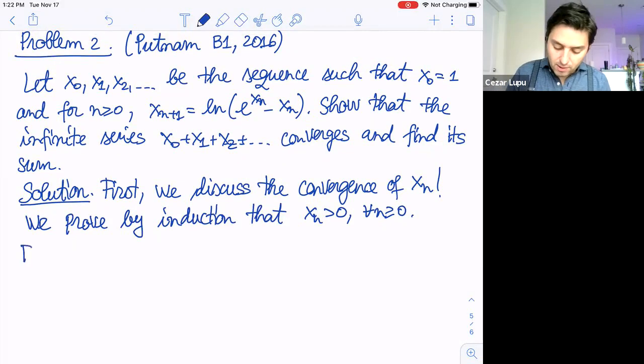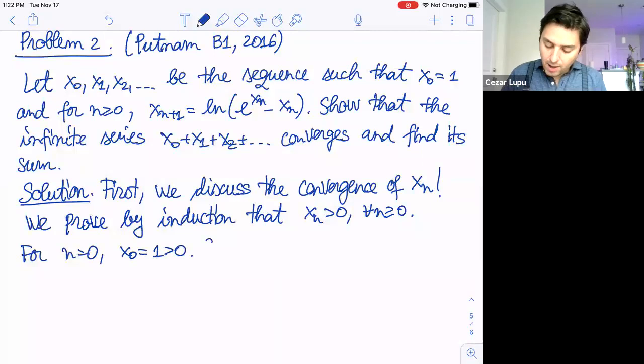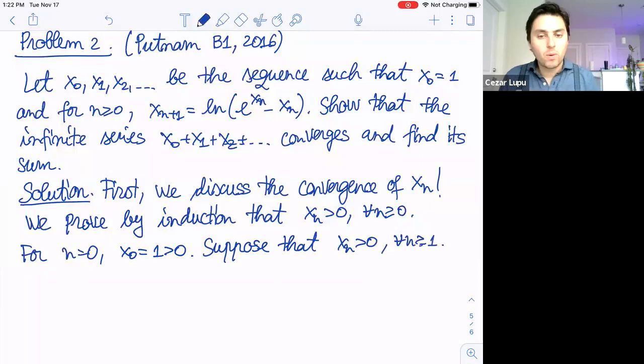So for n equals 0, we have x0 equals 1, which is positive. And now suppose that Xn is positive for all n. And we want to show that X_{n+1} is also positive. All right, let's see how.